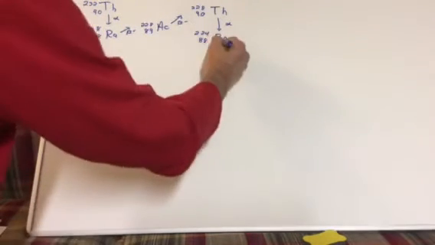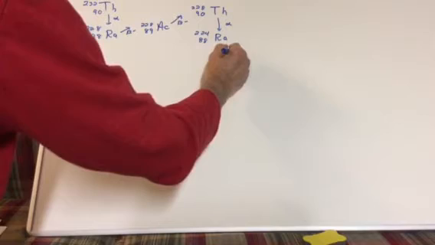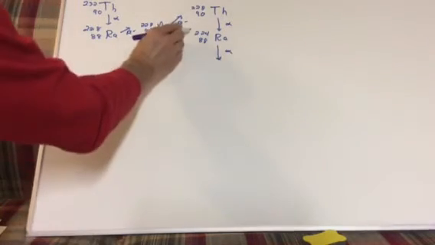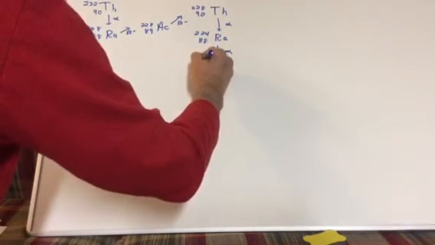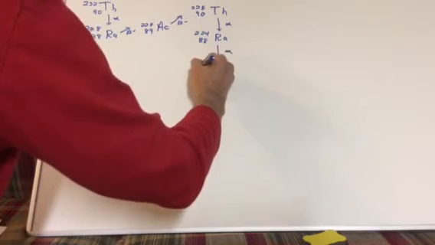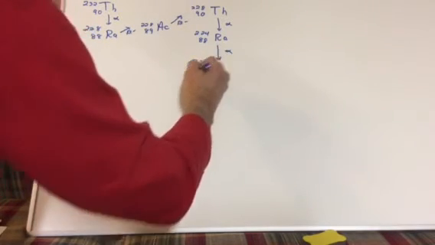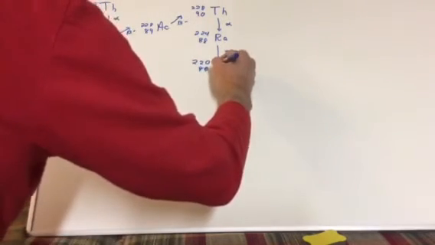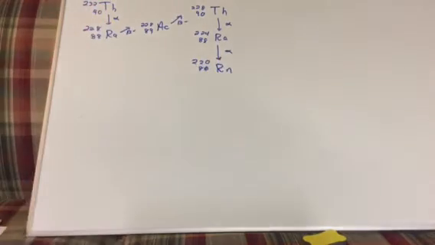Then we have another alpha decay, so from 224 we have 220, and then 86, and if you look in your table, you see that that is radon.